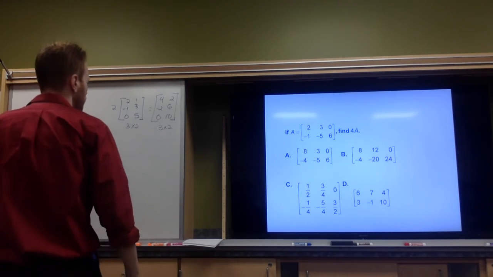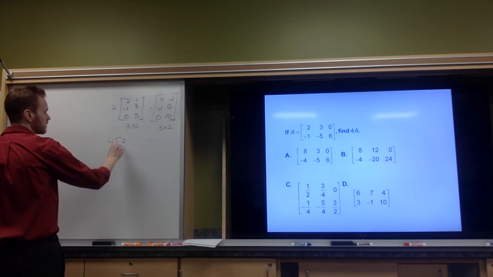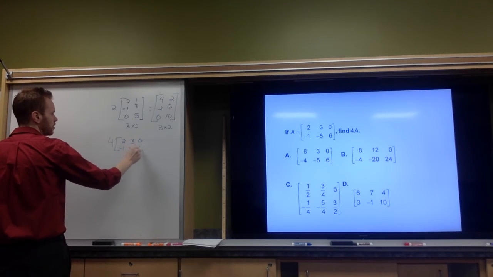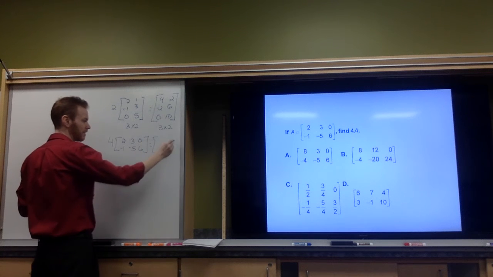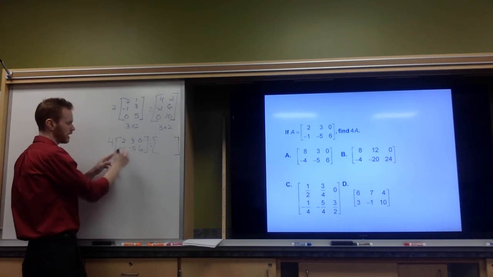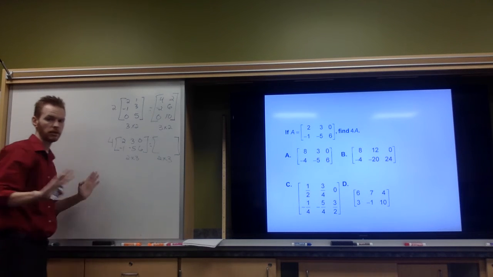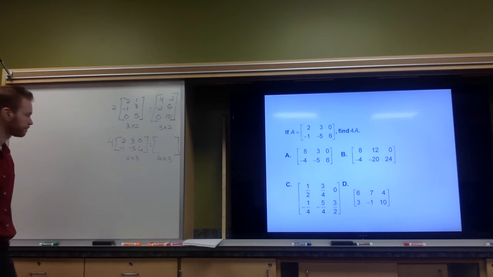All right, let's do another one. So let's do 4 times this matrix. Now they're calling this matrix A. Honestly, you can name a matrix anything you like. So this is a 2 by 3, which means my answer is still going to be a 2 by 3. It doesn't change. This 4 out in front means I'm going to multiply everything by 4.